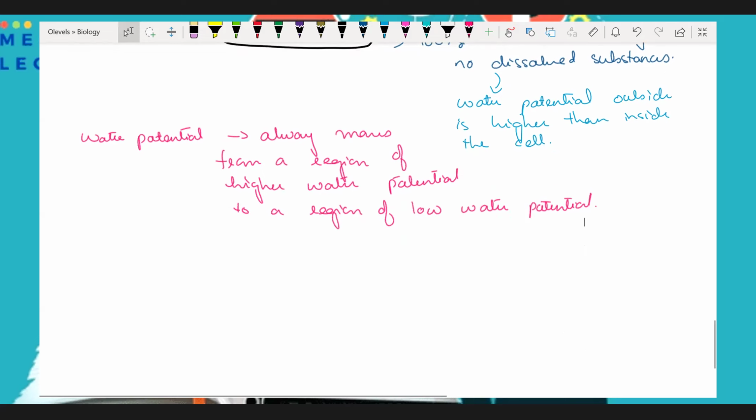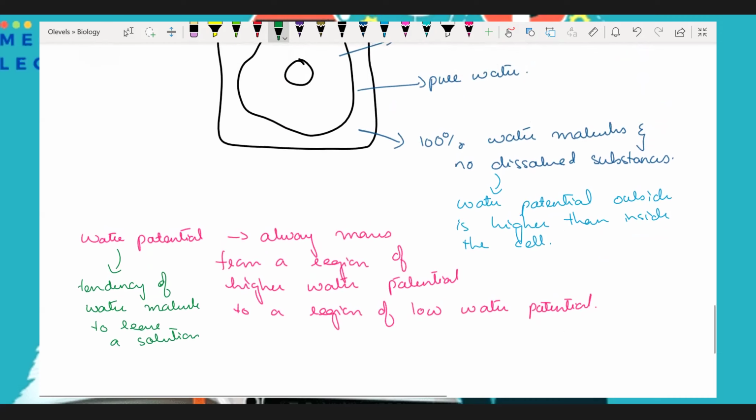So water potential tells you the tendency of water molecules to leave a solution. You can say it's a measure of how likely water is to move from one place to another, right?